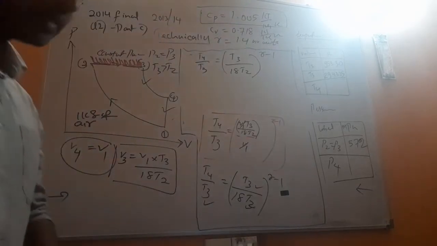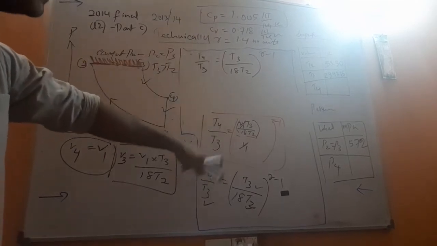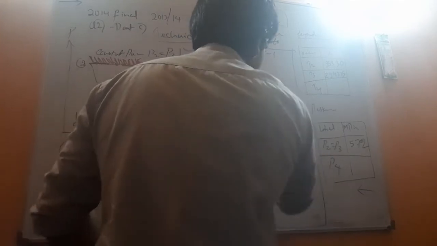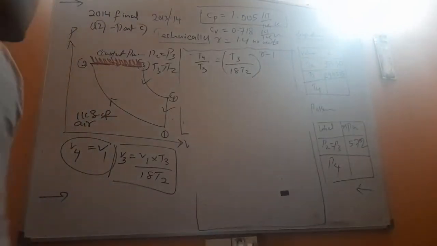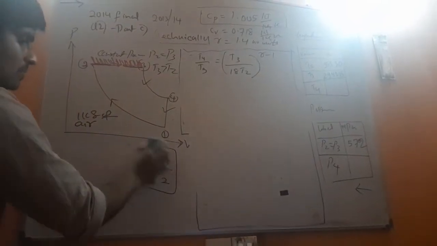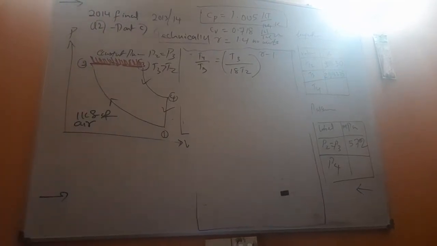Okay. T4 divided by T3 equals T3 divided by 18 T2 to the power gamma minus 1. Because I want to save some space. Right? So these things also I am going to erase because I need space.